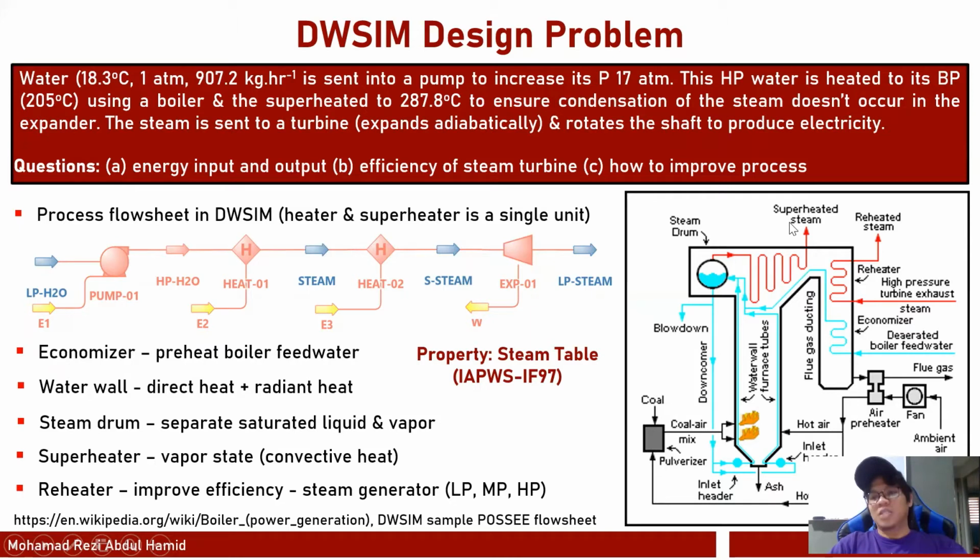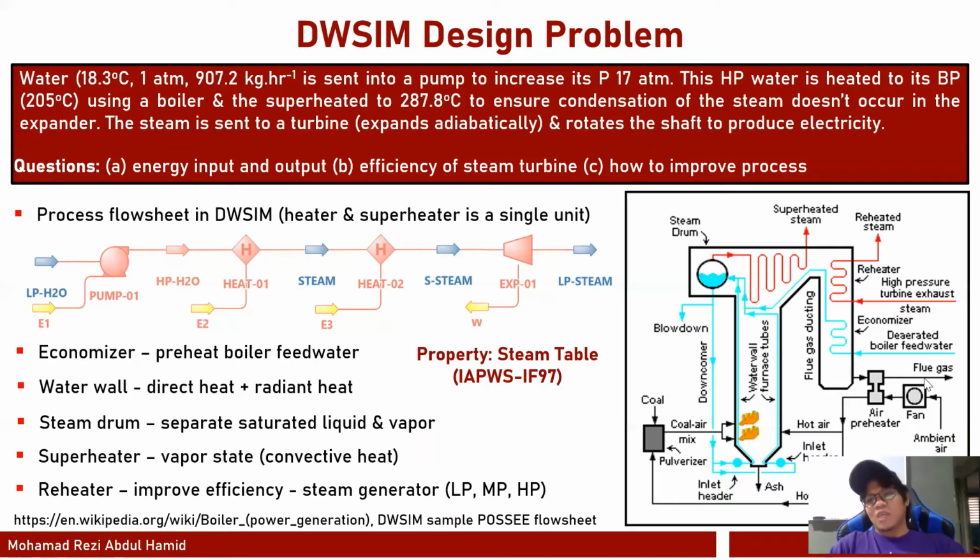This superheated steam will enter a generator or turbine, and it will expand. That's number one. Number two, within the same unit, you will have what is known as the economizer. Economizer is basically just a fancy way of saying we don't want to lose this heat. We're going to use as much heat as possible.